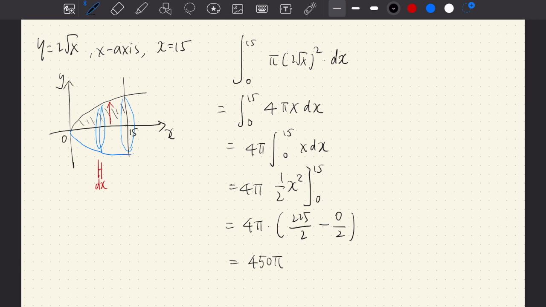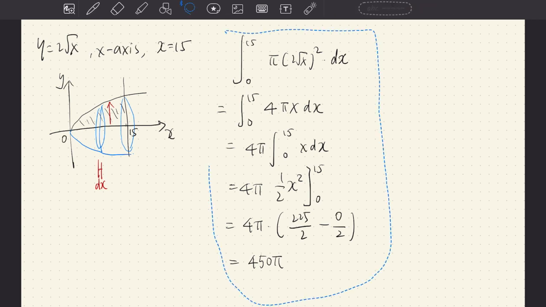This is the volume of this solid, and now we want the surface area of the solid. We talked about this: the surface area can be derived using another formula.